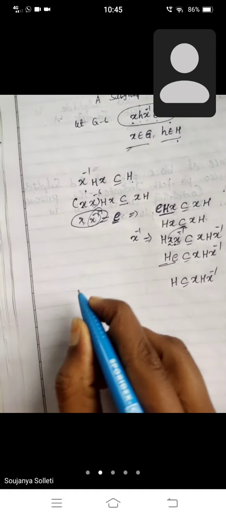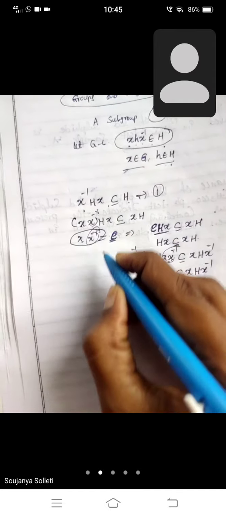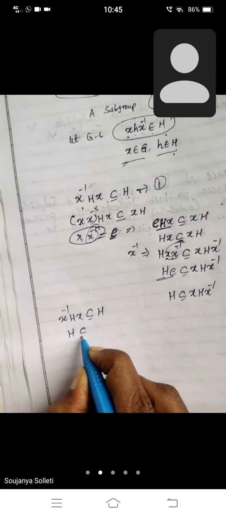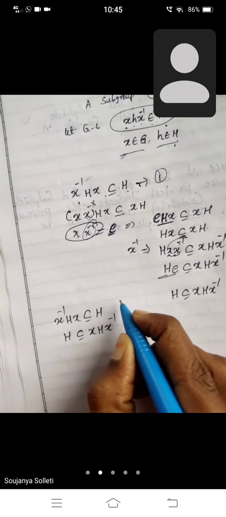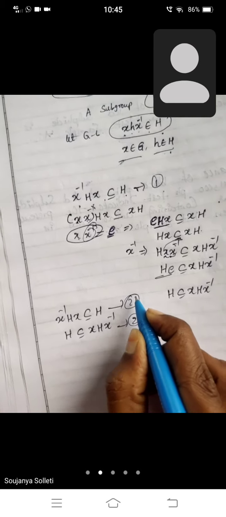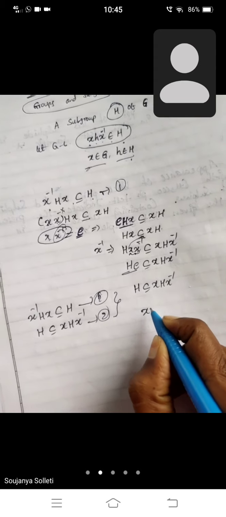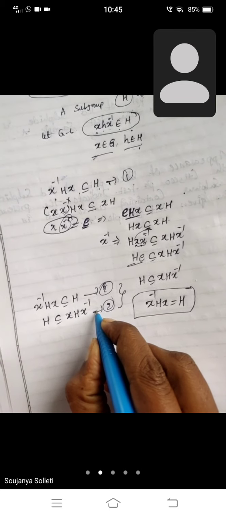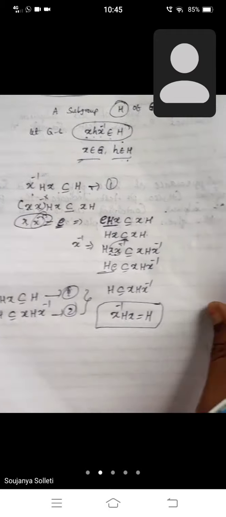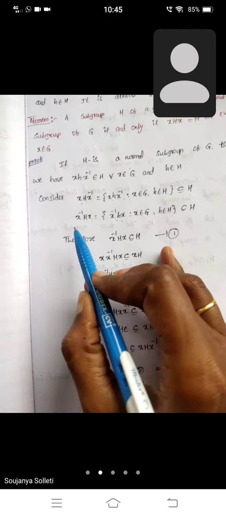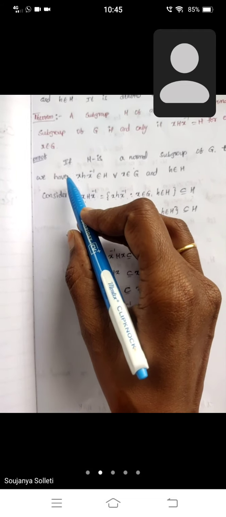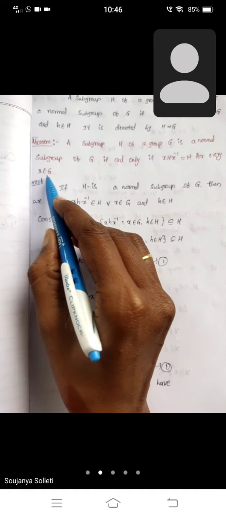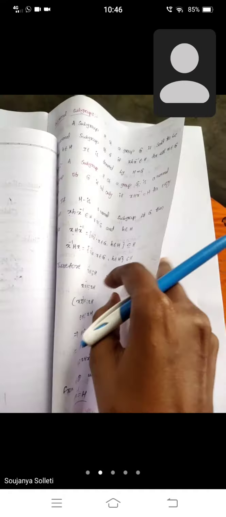Okay, from condition 1, x inverse H x is a subset of H. When these two conditions are satisfied, only then x H x inverse equals H. So what we have proved is: we can assume H is a normal subgroup, then we prove that x H x inverse equals H for every x belongs to G. This is the theorem.